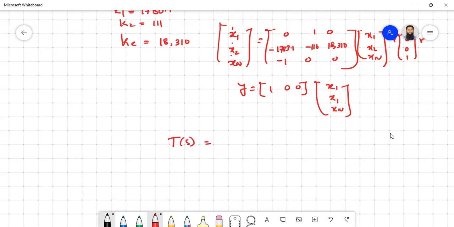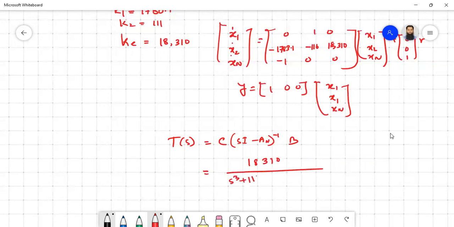Just figure out C times s I minus A new, inverse, with B. That will give you 18310 over s cube plus 116 s square plus 1783.1 s plus 18310.